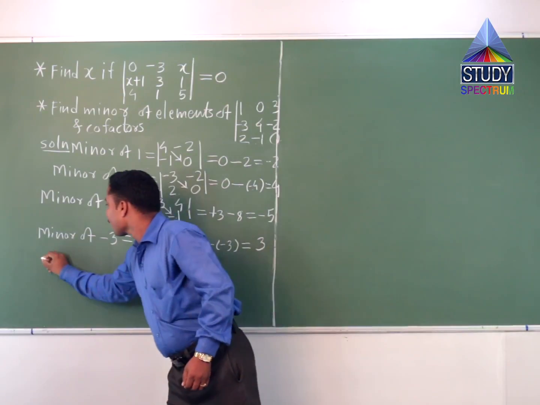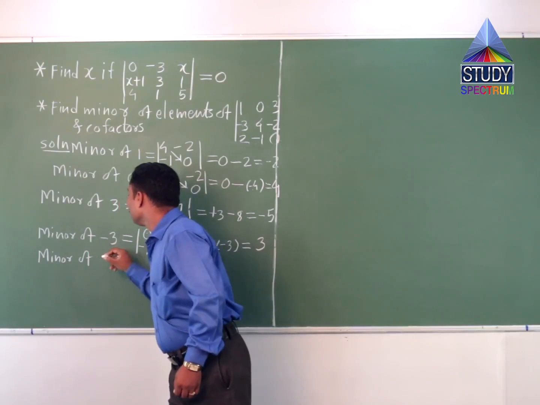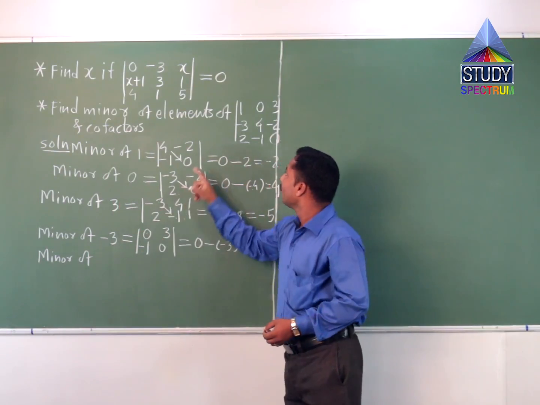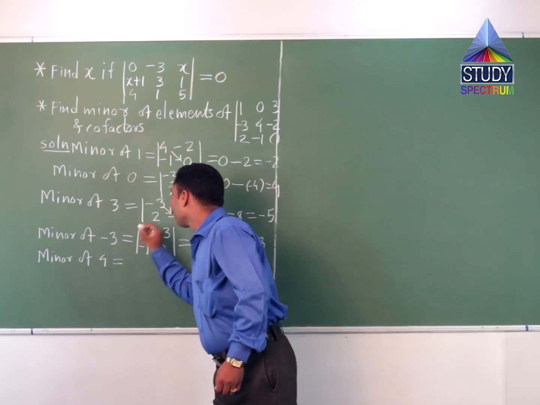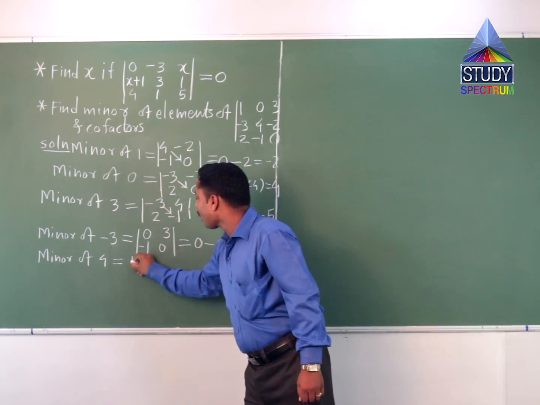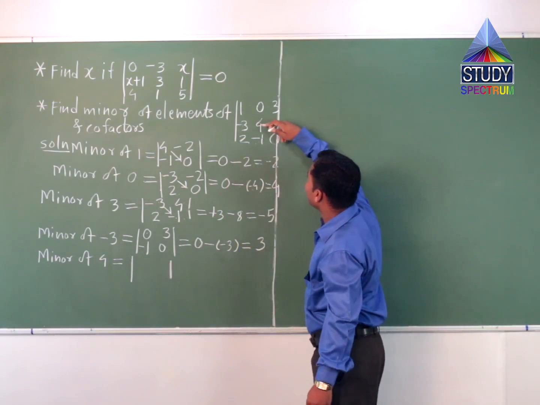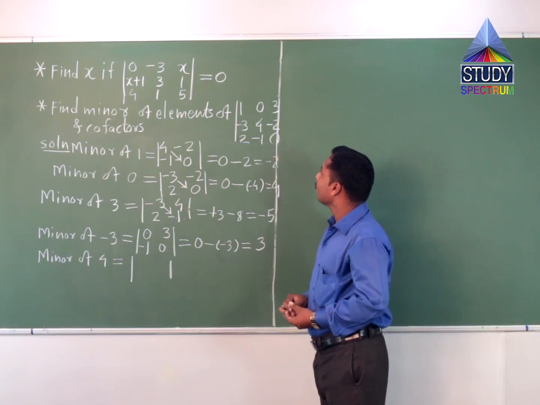Minor of this 4 equals what? Determinant after deleting the row and column passing through this number. So what remains?